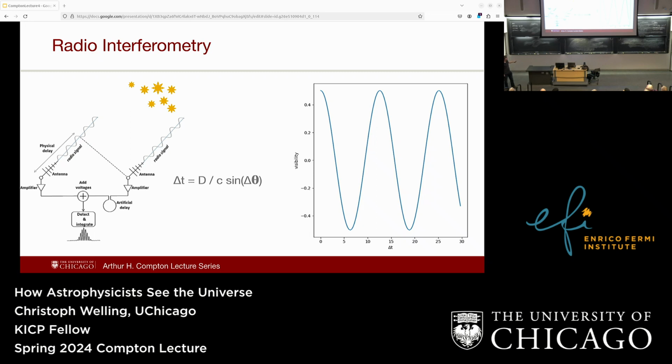And what you would actually measure is the average of all these multiplications. This visibility is, again, a sine wave. So we have some brightness data that we're multiplying by the sine wave. This is what we did earlier when we calculated which waveforms are in our data set to do the Fourier transform. So what I'm actually measuring with this is what's called a Fourier mode, the amplitude for a certain wavelength of this picture in the sky.